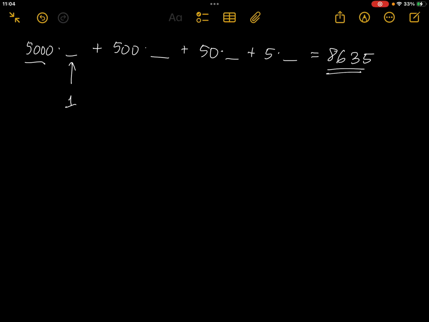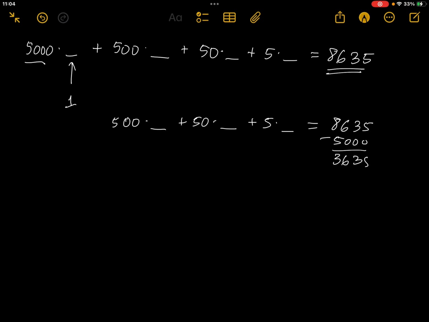So now this first number is 5,000 times 1. I'm going to subtract that on both sides. That will give me 500 times a blank plus 50 times a blank plus 5 times a blank equals 8,635 minus 5,000. 8,635 minus 5,000 is 3,635.